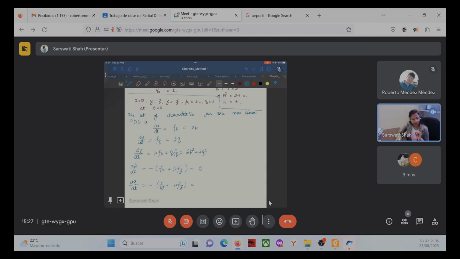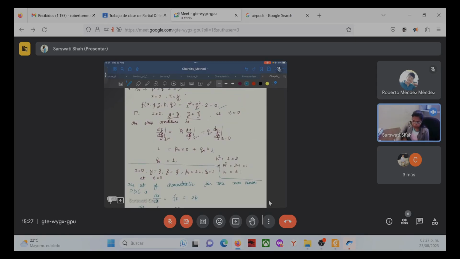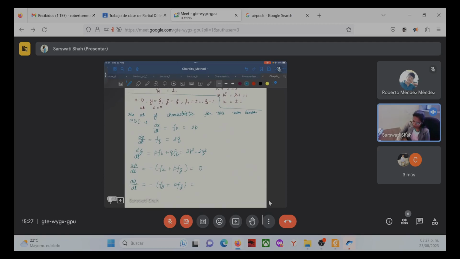And if you have any doubt at any single step, then please ask me without any hesitation. So F_y, this is independent of y and this is independent of z. So again it will be 0. So from here we are getting p equals constant. From here we are getting q equals constant.